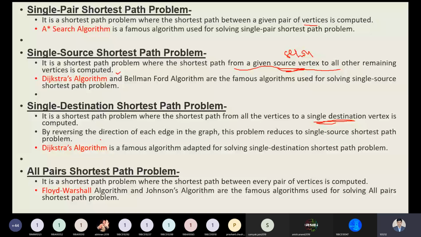Dijkstra's algorithm is most famous. Why am I saying it is the most famous? Because when you study graph theory for finding the shortest path, then Dijkstra's algorithm plays an important role. And the same thing you apply in computer networks as well, where we need to find the shortest path. So we will start our study from Dijkstra's algorithm. It is applicable in data structures, computer networks, graph theory, and anywhere.